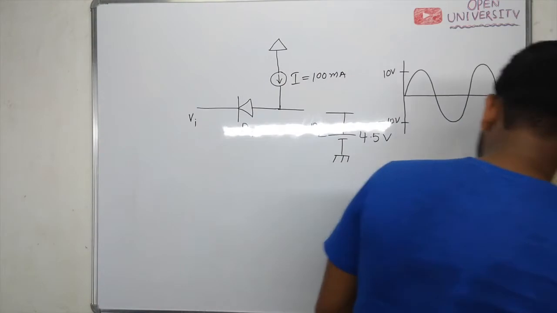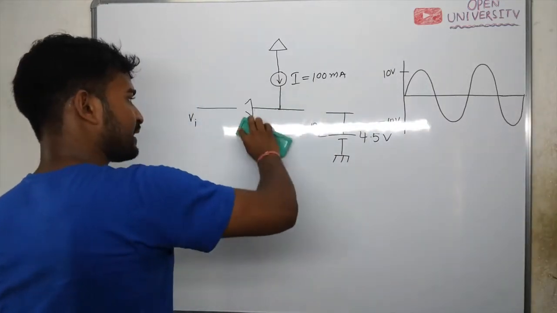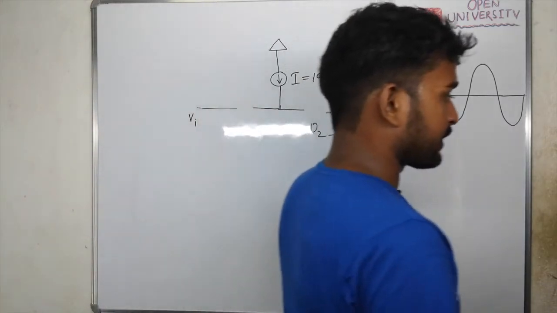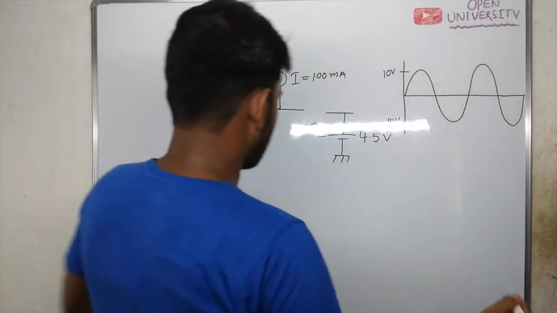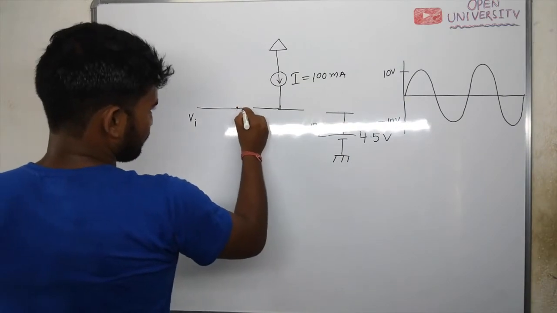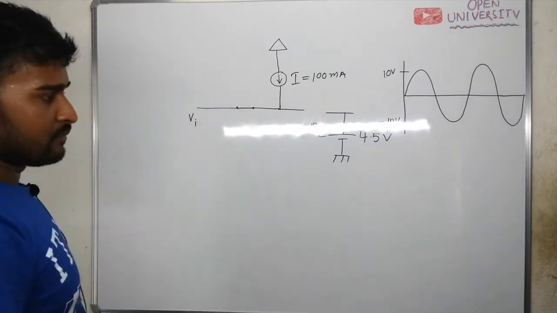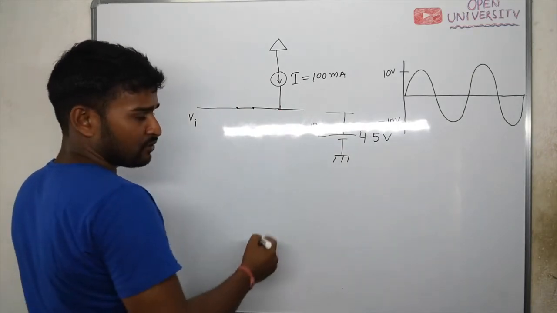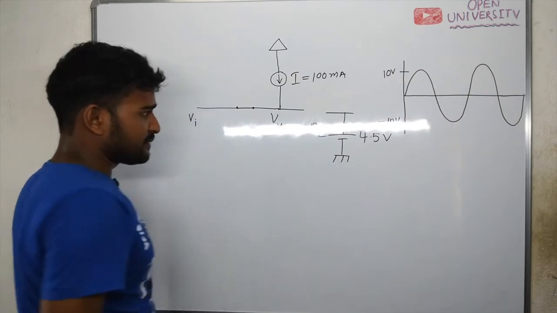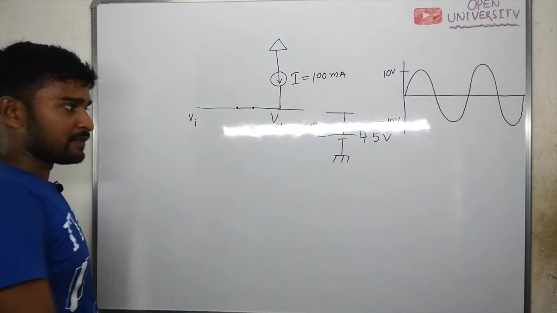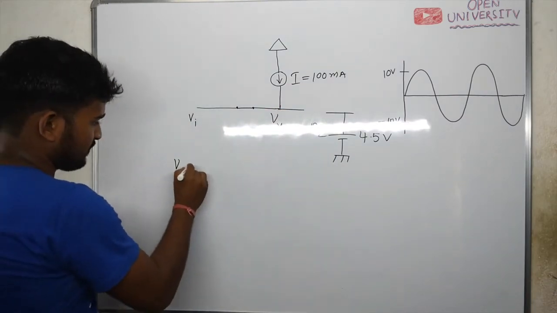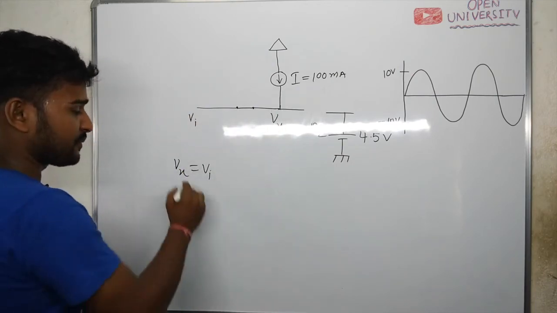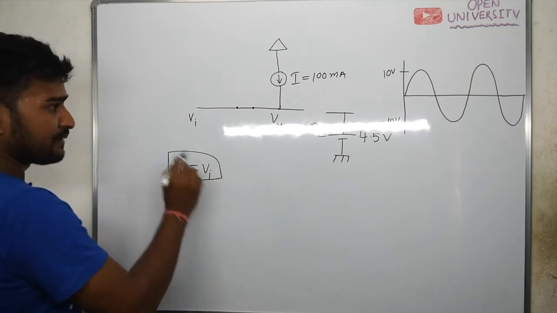If D1 becomes forward biased, since it is an ideal diode, we will be replacing it with a short circuit. Since D1 and D2 are ideal diodes, I will short circuit this D1. Then what is the voltage available at this node? Let it be Vx. The input voltage Vi will be available at this point. So Vx equal to Vi.